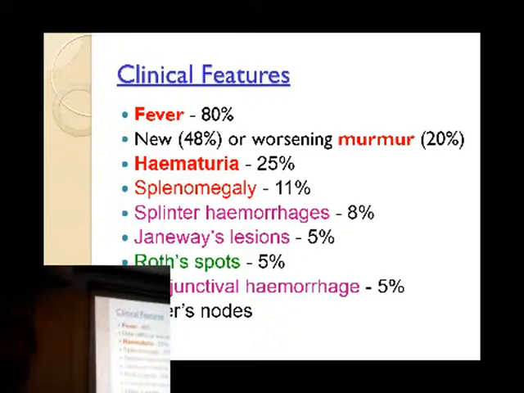Then with the development of vegetations, there can be vegetation development on the valve surface as well as the chordae tendineae, which regulate the valve closure and opening. So when the chordae get damaged due to vegetation growth, there can be either development of a new murmur, or the patient can have variation of an already existing murmur.